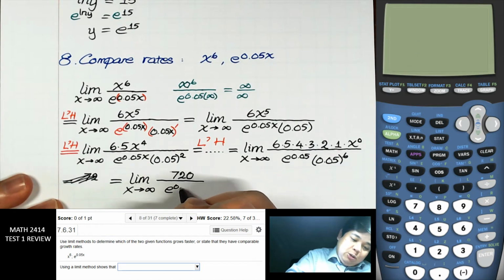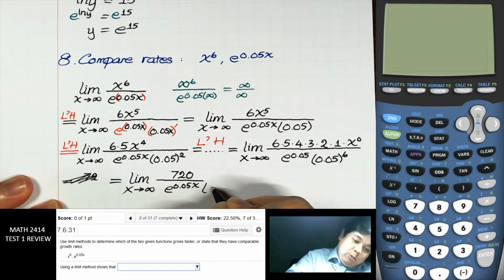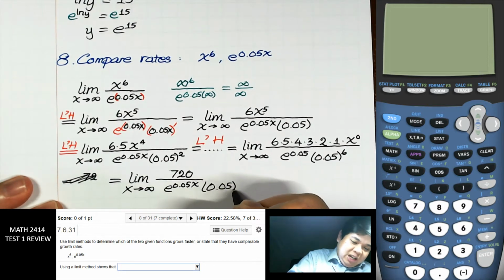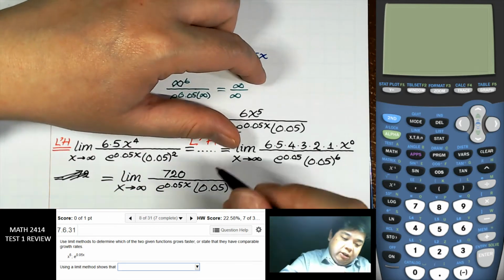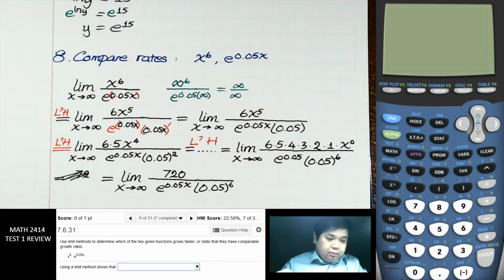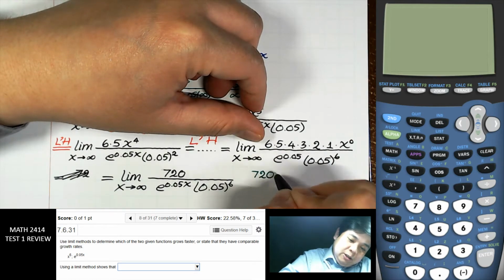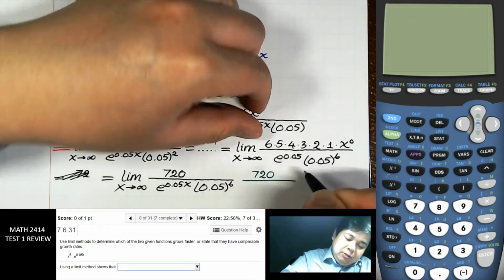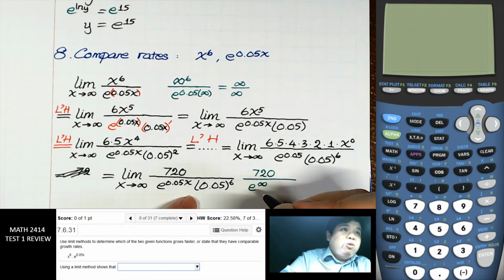On the bottom we have e to the 0.05 power, and then 0.05 to the 6 power, that equals something. Right. Now we put in infinity. 720 on top. On the bottom, infinity times 0.05, still infinity.